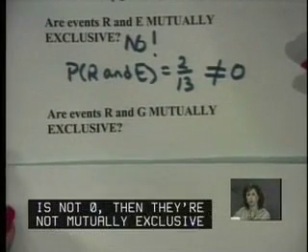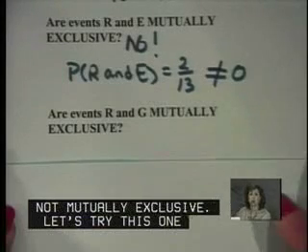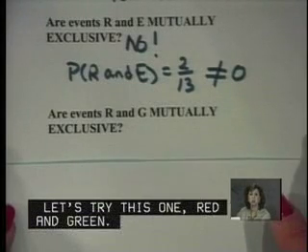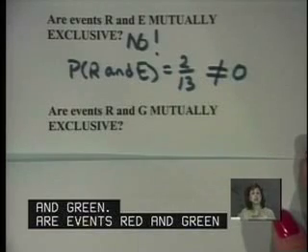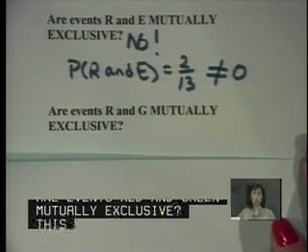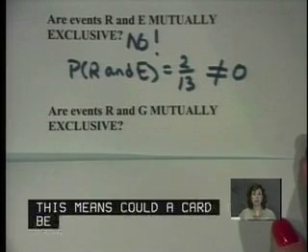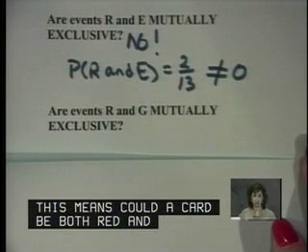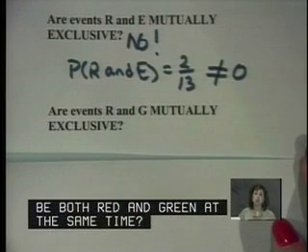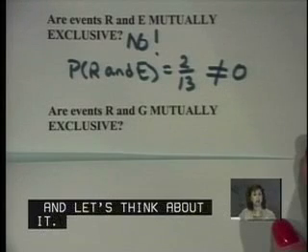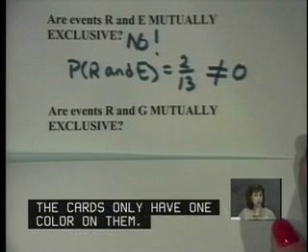Let's try this one. Red and green. Are events red and green mutually exclusive? This means, could a card be both red and green at the same time? And let's think about it. The cards only have one color on them. So a card cannot be both red and green at the same time.